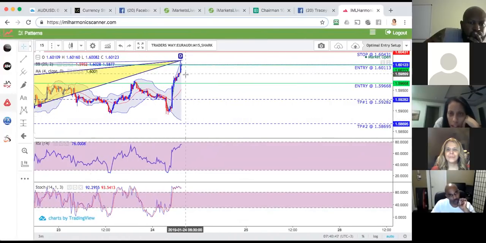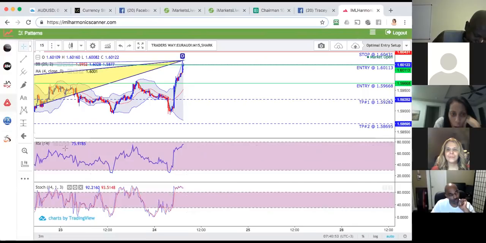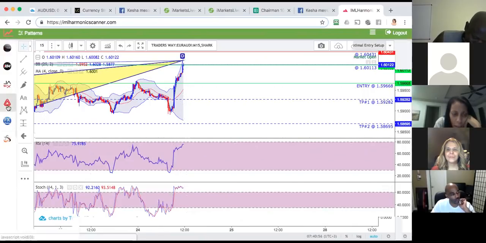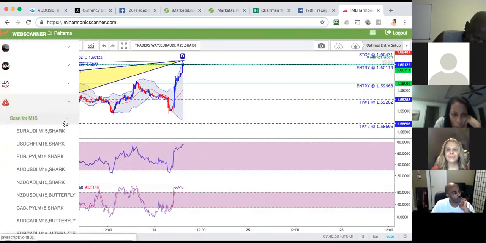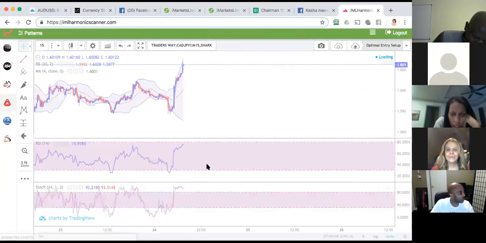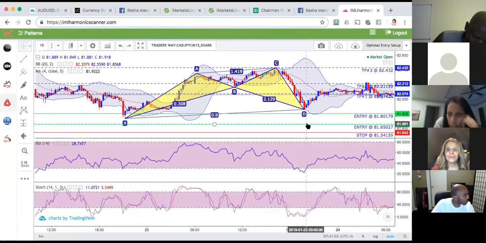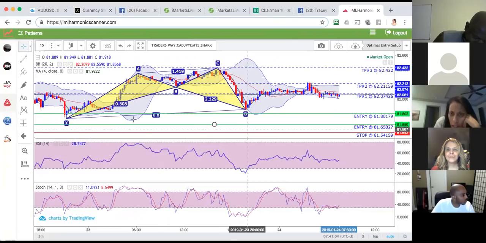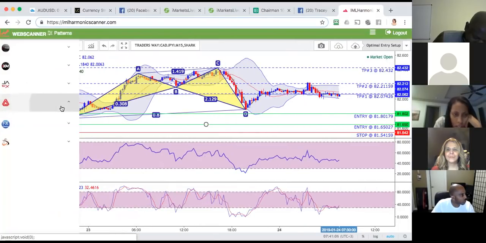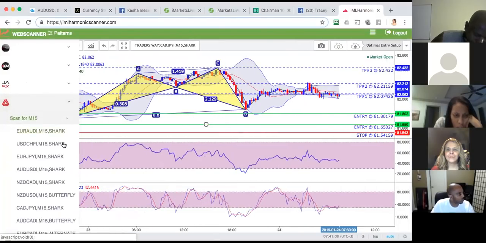Okay, this one isn't ready yet because we would need that red candle to come down and cross underneath that 4. And plus, we're not above the 80. CAD JPY might have done it earlier today. No, it didn't. Let me go back, see if I can find a GU.